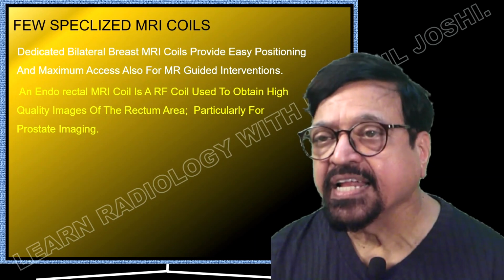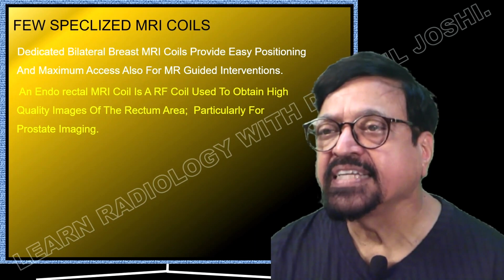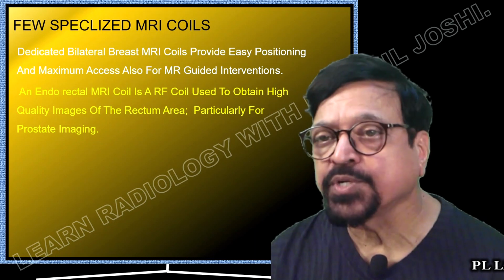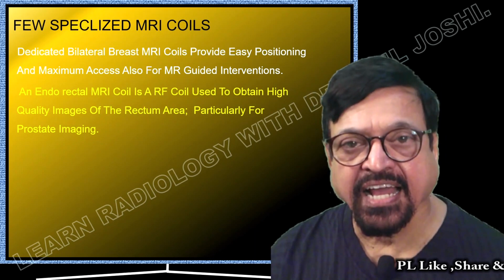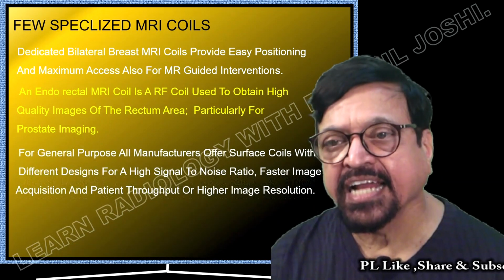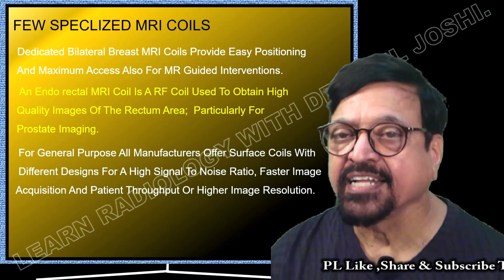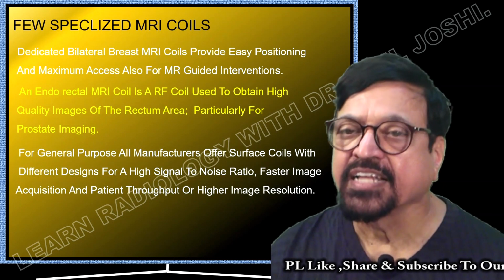An endorectal MRI coil is an RF coil used to obtain high quality images of the rectal area, where they are required in prostatic imaging and staging of the cancer, that is PIRADS classification.